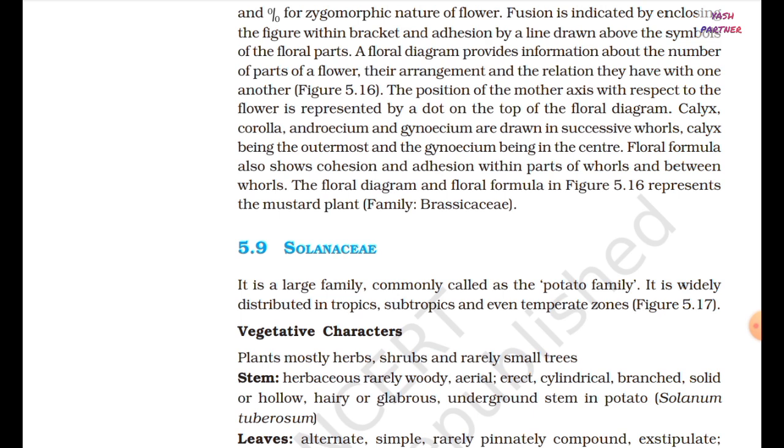Calyx, corolla, androecium and gynoecium are drawn in successive whorls. Calyx being the outermost and the gynoecium being in the center. Floral formula also shows cohesion and adhesion within parts of the whorls and between whorls. The floral diagram and floral formula in figure 5.16 represents the mustard plant family Brassicaceae.